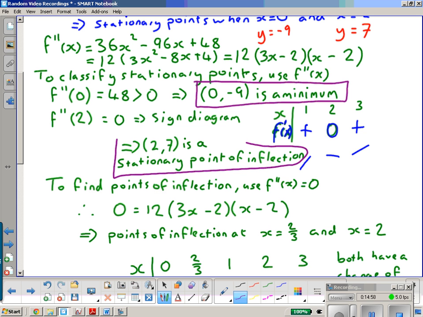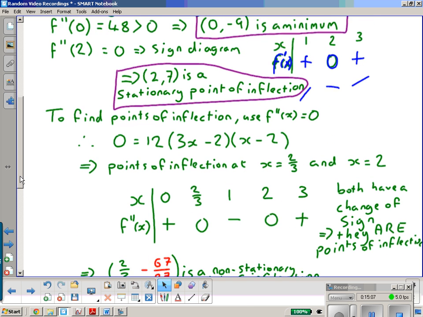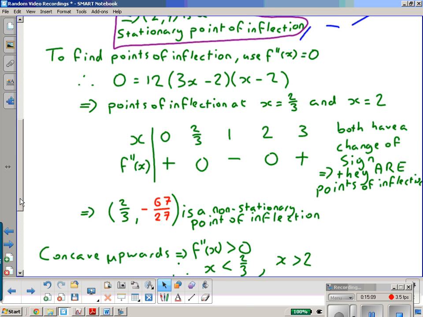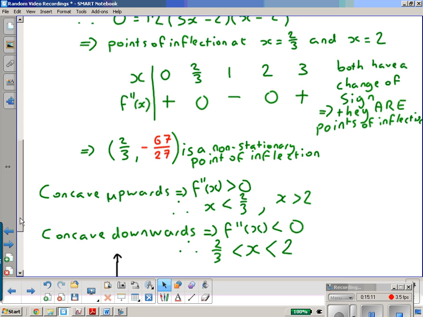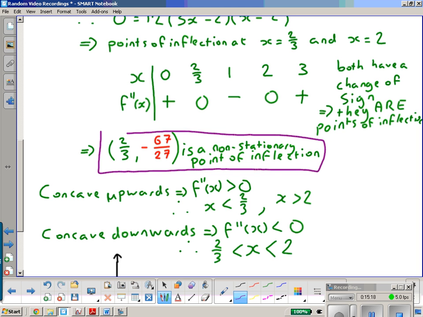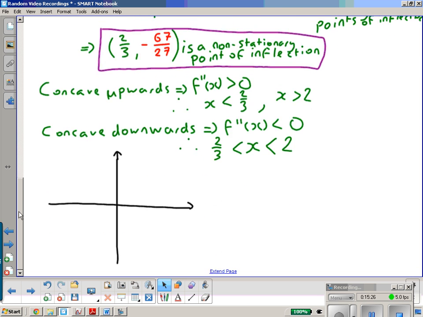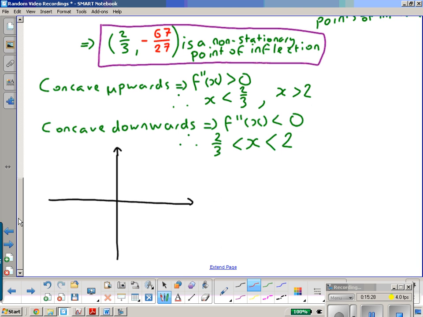Around here, we have that 2, 7 is a stationary point of inflection. And the final useful point that we just found was here: 2/3, minus 67 over 27 is a non-stationary point of inflection. And we know that they're concave up and down between these points. So let's put on the points that we know first.